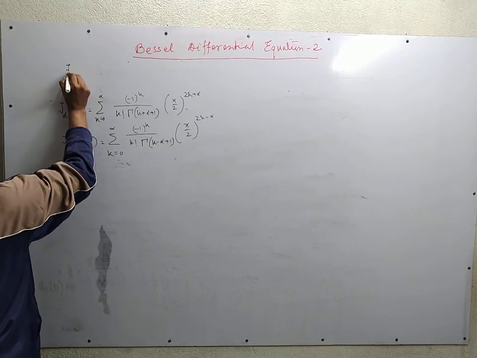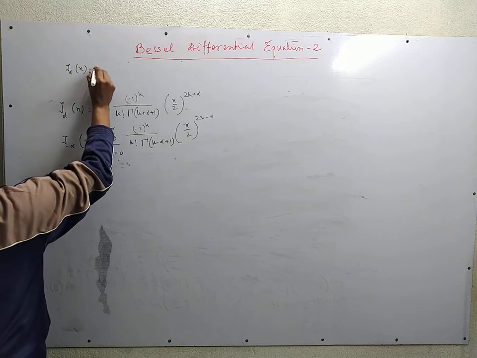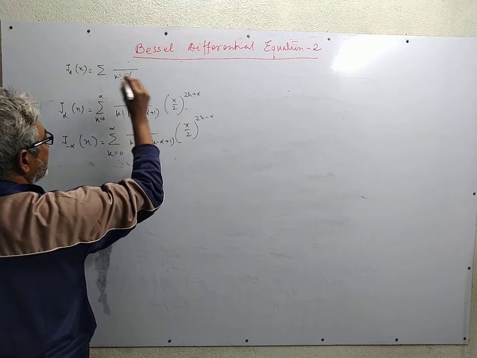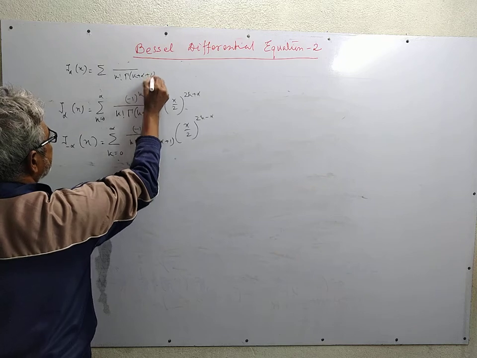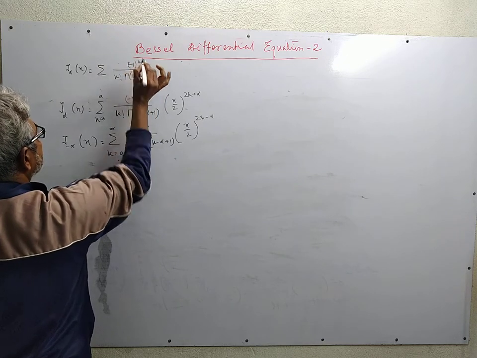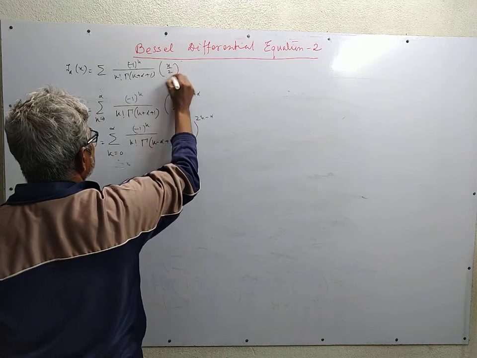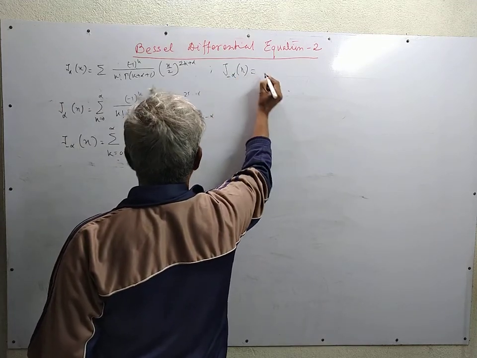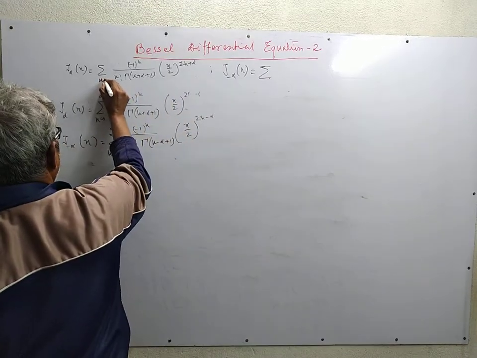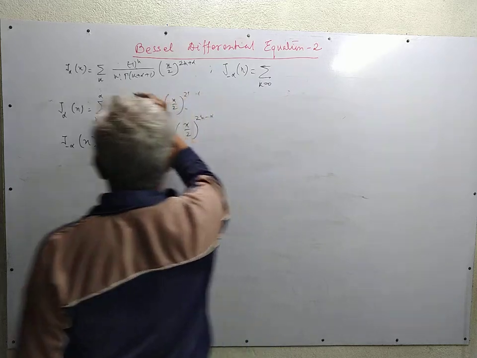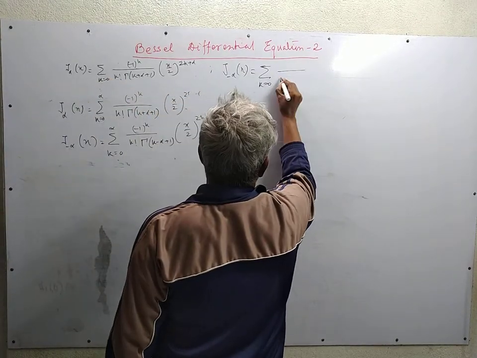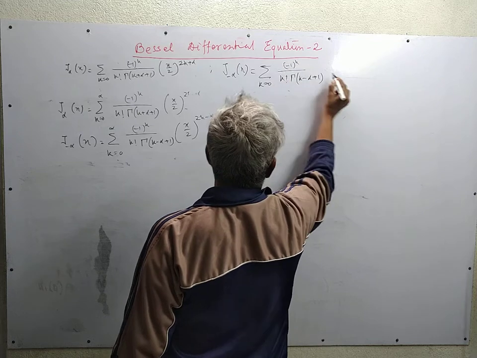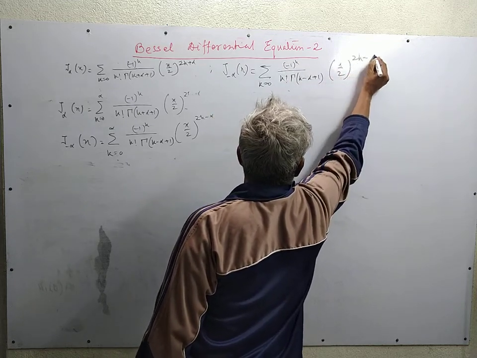So J of alpha of x is equal to summation over k, k factorial gamma of k plus alpha plus 1, minus 1 to the power k, x by 2 to the power 2k plus alpha, and J of minus alpha of x is equal to summation over k is equal to 0, k factorial gamma of k minus alpha plus 1, minus 1 to the power k, x by 2 to the power 2k minus alpha.